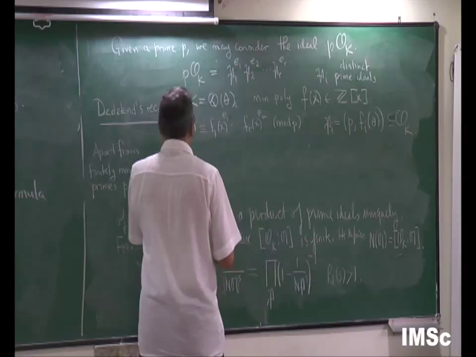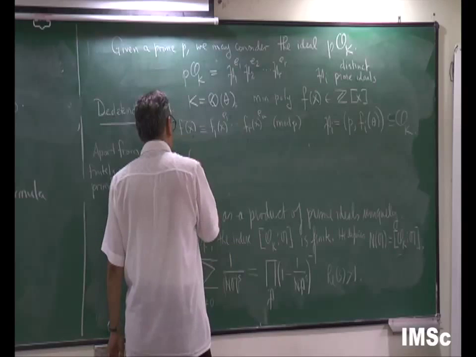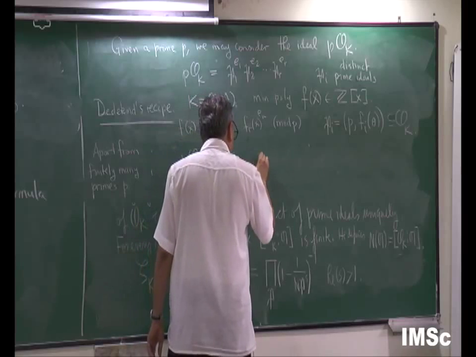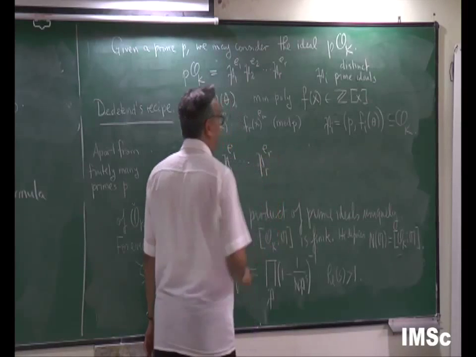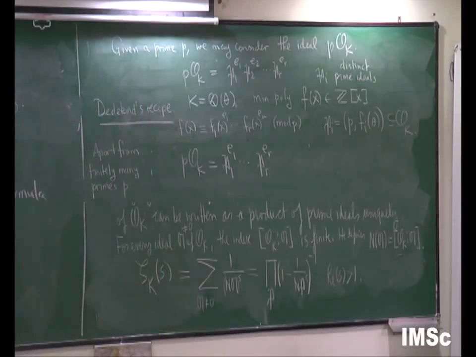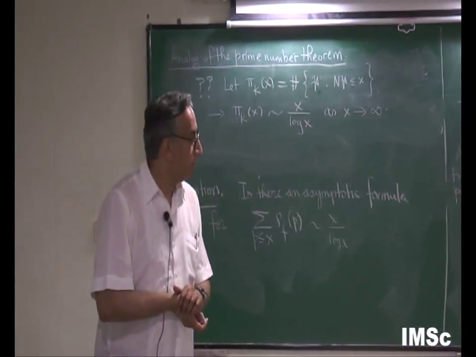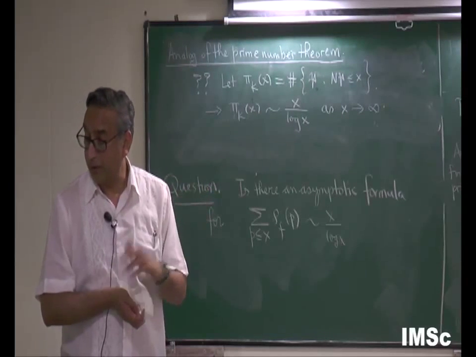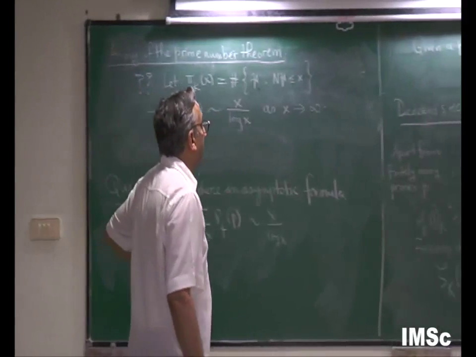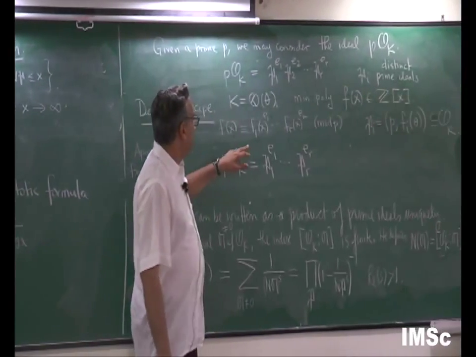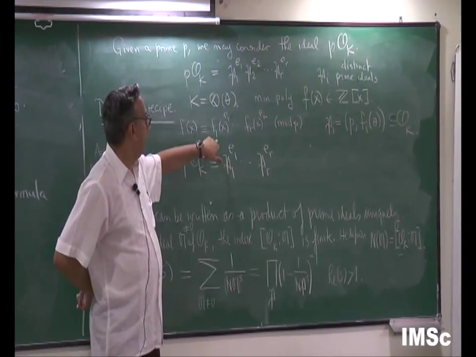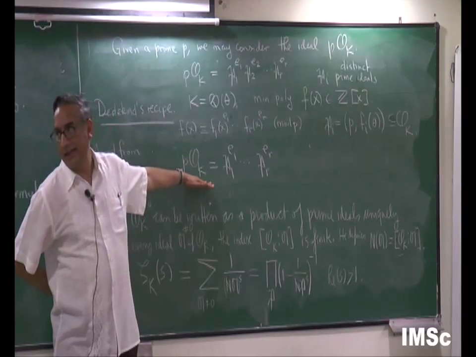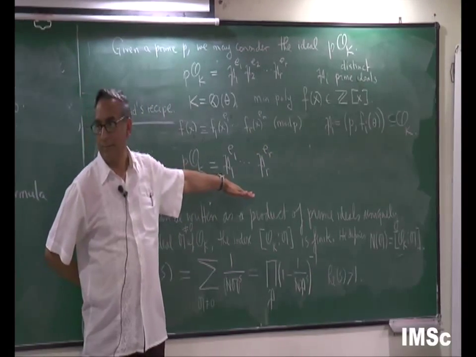Having done so, the ideal generated by p in O_K is precisely P_1^{e_1} through P_r^{e_r}. So in other words, if I throw away these special primes, these are primes that might divide the discriminant, which we'll not talk about, okay? If we throw those finitely many primes away, there's a one-to-one correspondence between the factorization of f(x) mod p and the factorization of the ideal generated by p in that field.